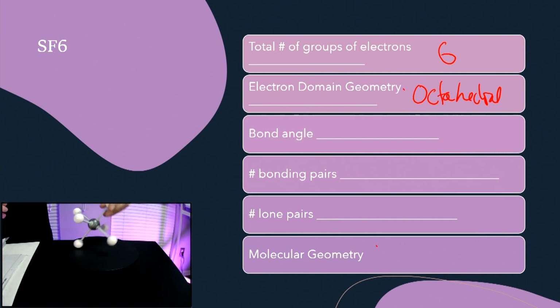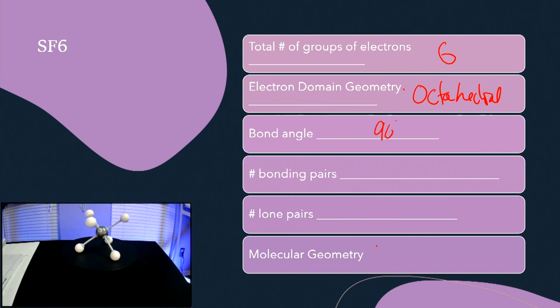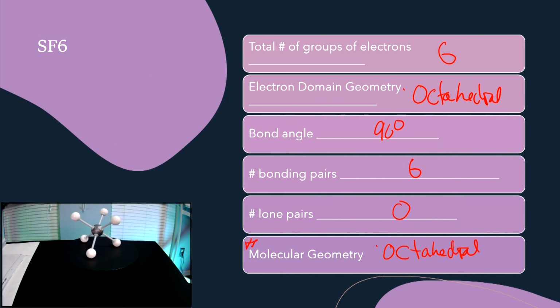So if I hold it up like this, it's going to look like it's got a shape like an octahedral. The bond angle is going to be 90 degrees. The bonding pairs are 6. The lone pairs are 0. And the molecular geometry is going to be the same, because there are 0 lone pairs.